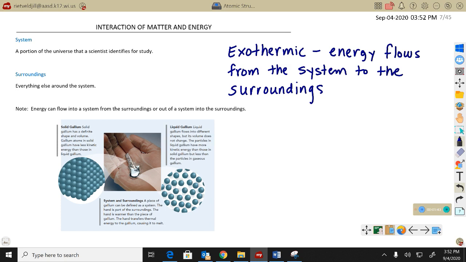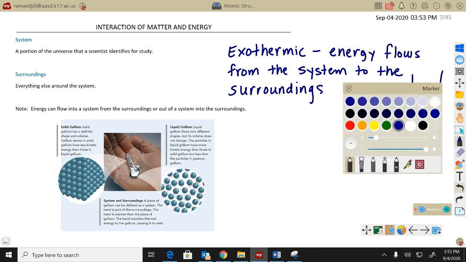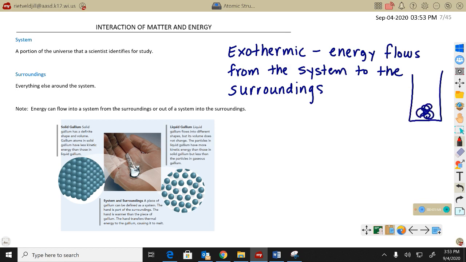And so if I have a reaction happening in a beaker, and that reaction is exothermic, I'm thinking of it like this. So here's my beaker, and here's my chemicals or whatever's in the beaker. And if it's giving off energy, that energy is going from my chemicals, the system, into the surroundings.